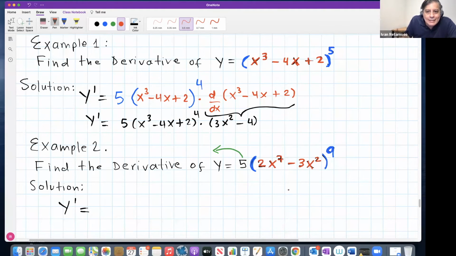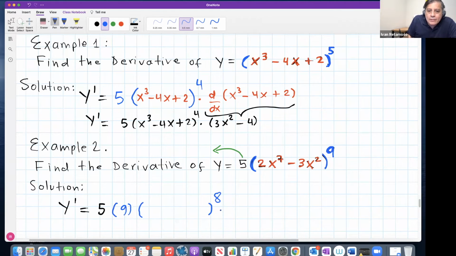So now the derivative of this composite function will be 5 comes out, it's a constant, and I just focus on taking the derivative of this composite function. Start with the derivative of the outside function. That's going to be 9 coming down as it is. 9. And then something inside will be raised to 1 less, 9 minus 1, 8.